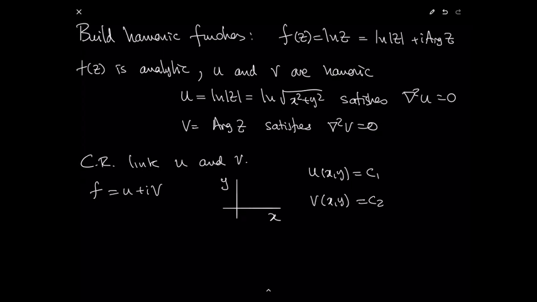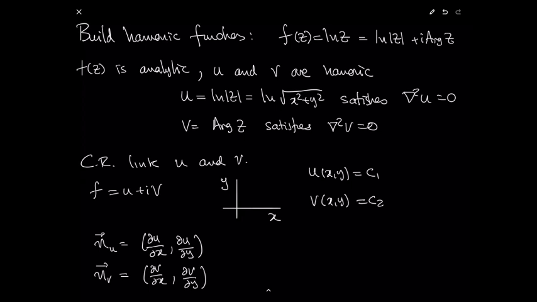Now, let's find the normal vectors to these curves, all right? So I've got that n sub u, that's a normal vector, I'm not going to normalize it, is going to be du dx, du dy. You remember this from your vector calculus. Do the same thing for the function v. dv dx, dv dy.